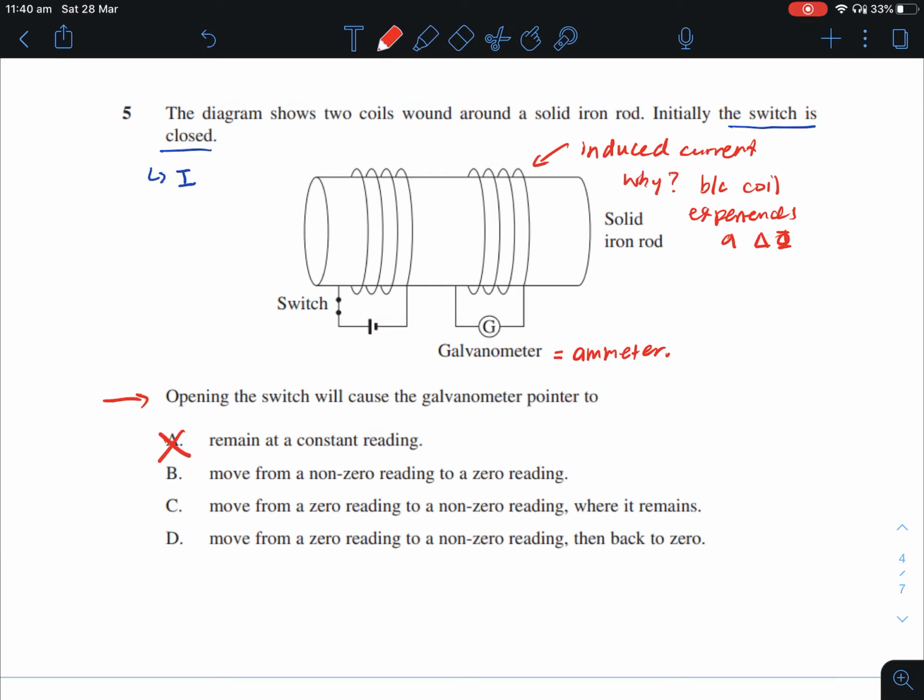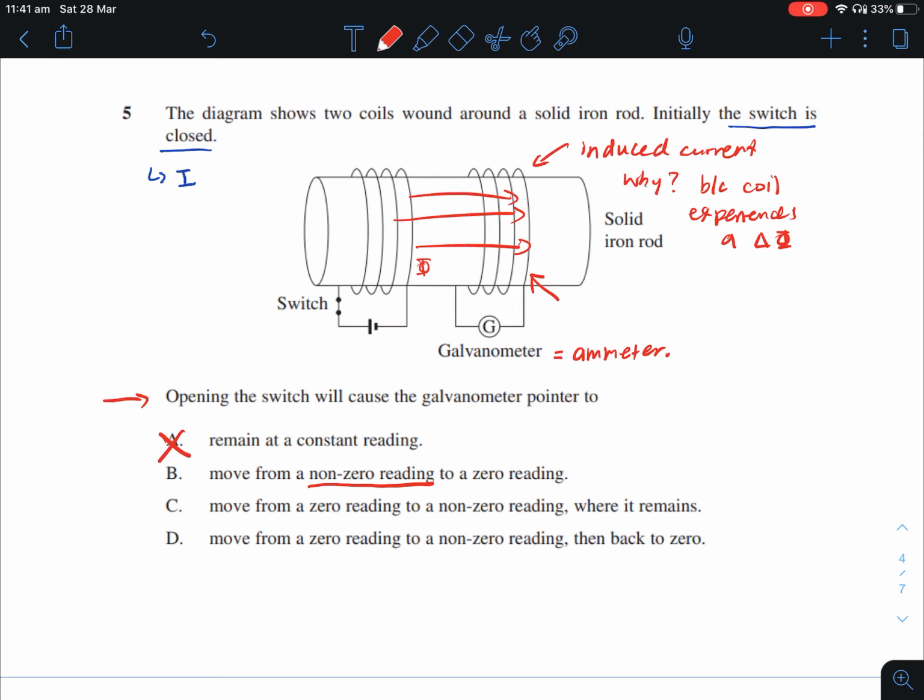Option B says it moves from a non-zero reading to a 0 reading. So it tells us that initially it's going to have some current. That's what it means by non-zero reading. There's going to be some current in this coil. That doesn't make sense because initially the switch is closed, which means that the flux going through this coil is constant.